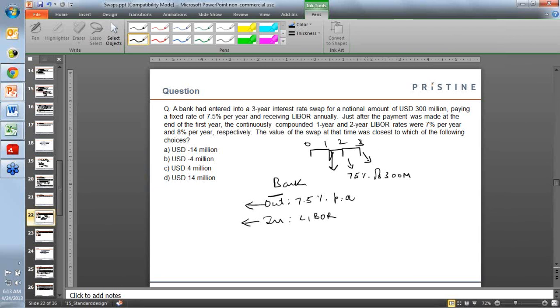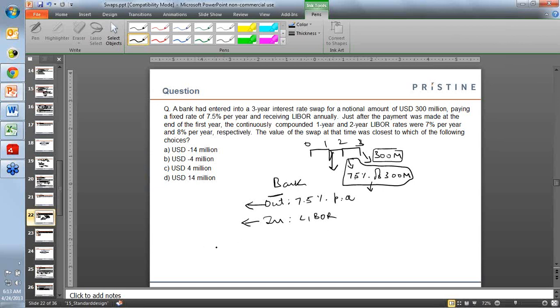Plus it will also be paying back the principal, that is $300 million. So we have one payment at the end of 2 years, and one payment at the end of 3 years, which will be the principal amount plus the same interest payment that was paid at the end of 2 years.